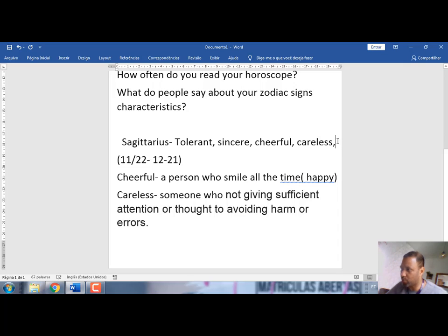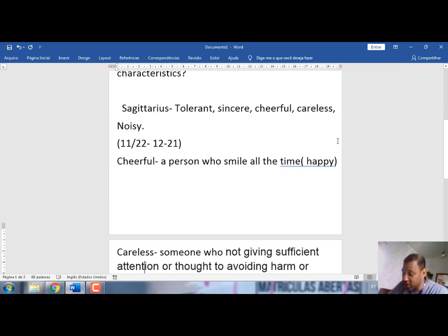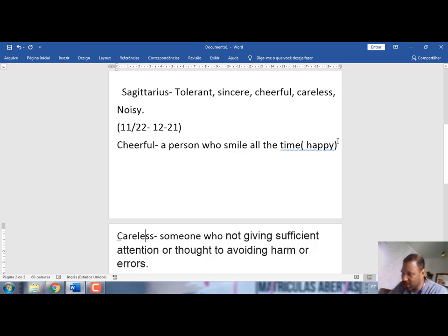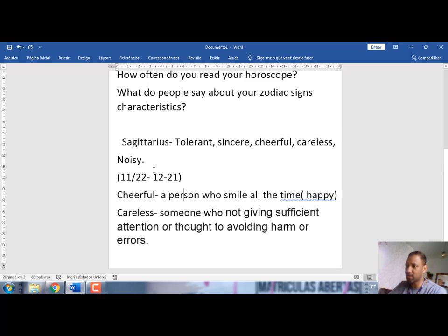We have another one here. Noisy. All right. Sagittarius is tolerant, sincere, cheerful, careless, and noisy. What does noisy mean, guys? Noisy is a person that makes a lot of noise. Right? Noise. Okay? Noise. Barulho. I'm going to translate in Portuguese because it's difficult sometimes to explain this in English.